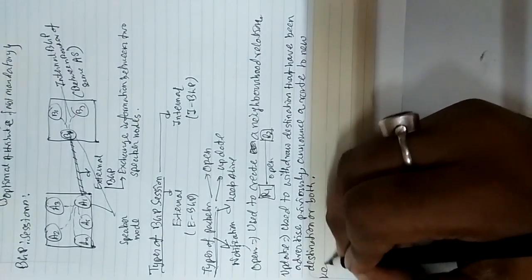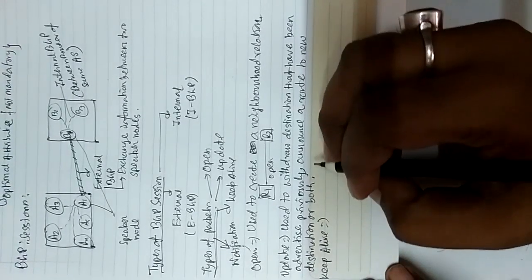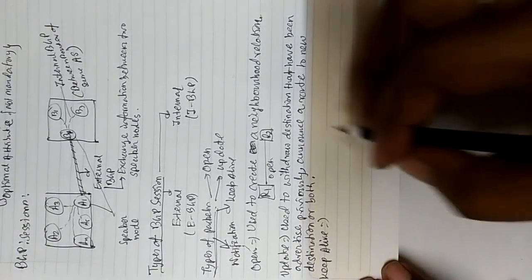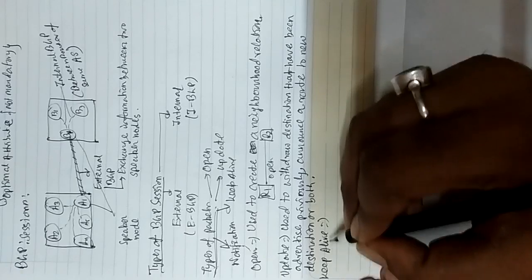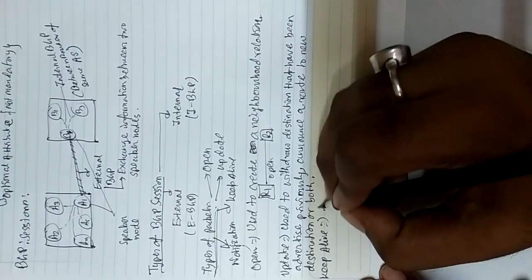Next one we will study is keep alive. So what is the keep alive? Exchange regularly to tell other routers whether they are alive or not. So keep alive, just from the name you can say that it gives the information whether the routers are alive or not.